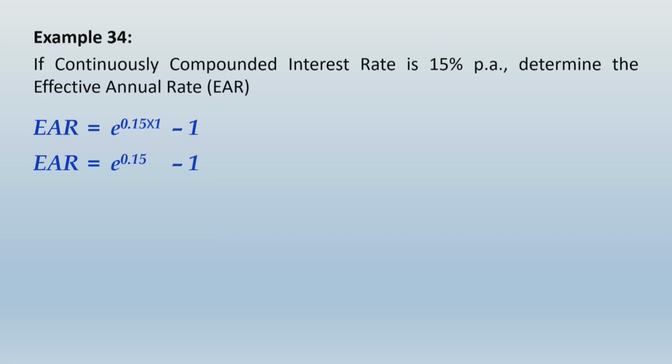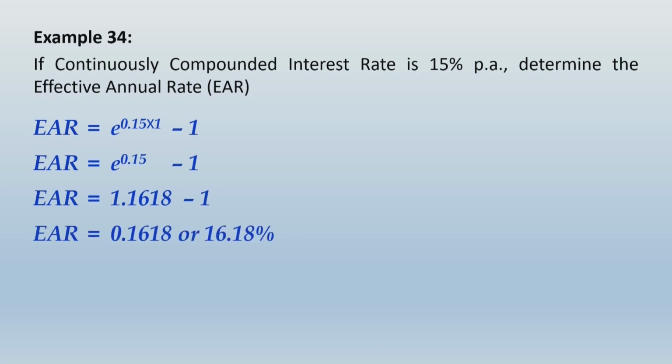You simply take 0.15 on your financial calculator. Then you have to take the e raised to x function, that is you press second and then ln. It will give you the result as 1.1618, but that 1.1618 is the factor, correct? So this is the factor. You subtract 1 to get the effective annual rate, and that will be 0.1618 or 16.18%.